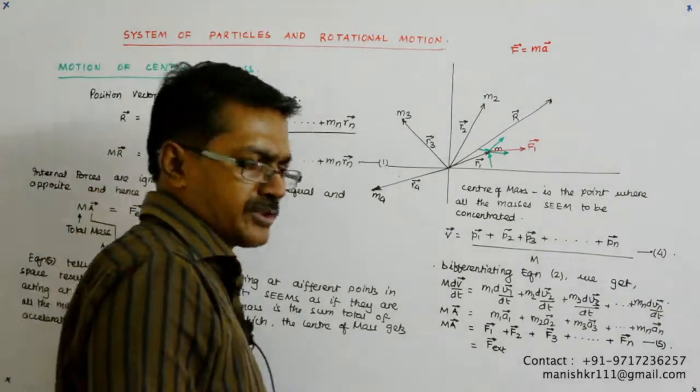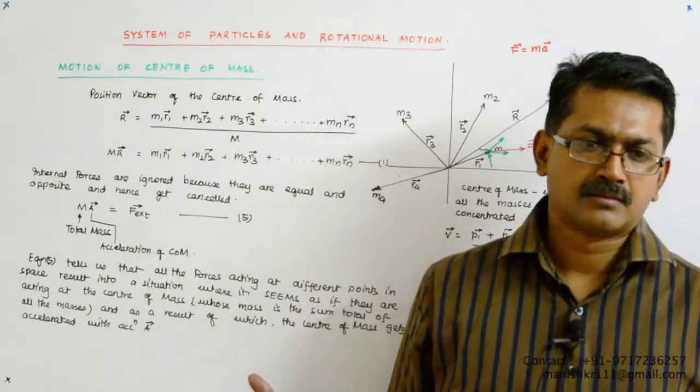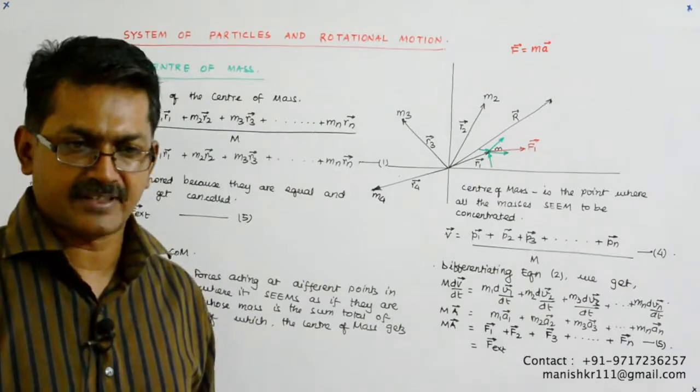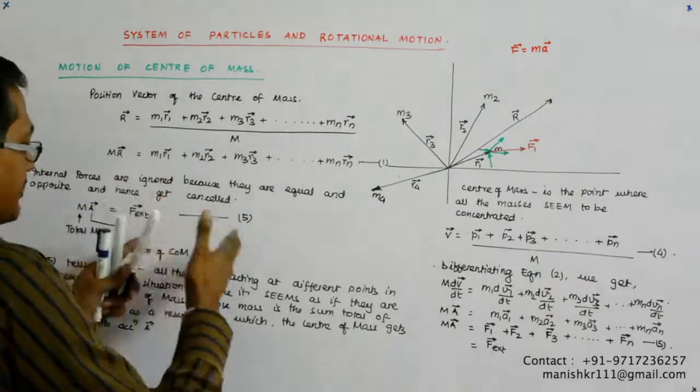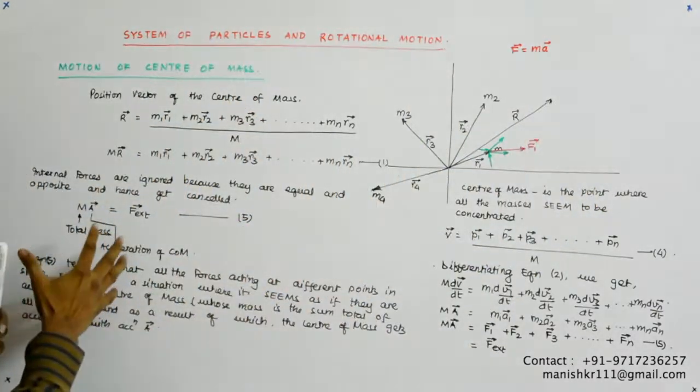When we were doing Newton's, it gave us F is equal to ma, where m was the mass of the particle, a was the acceleration due to the force F. Now what has happened? Though all these forces were acting at different points, now what has happened?